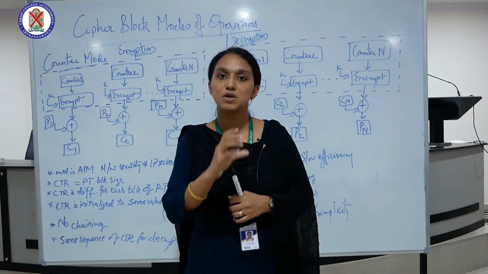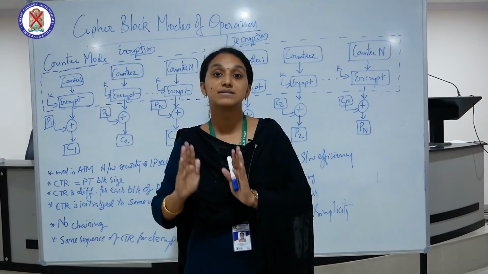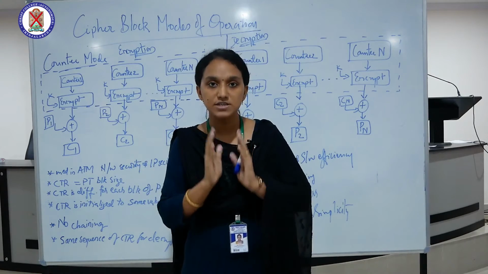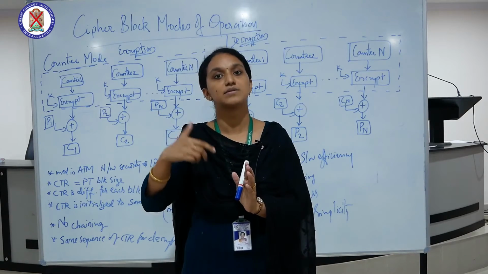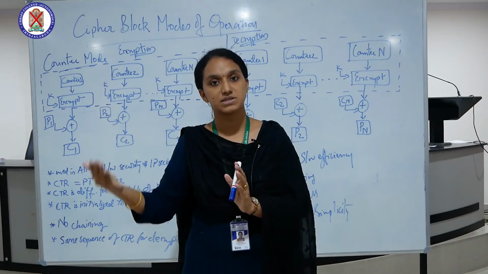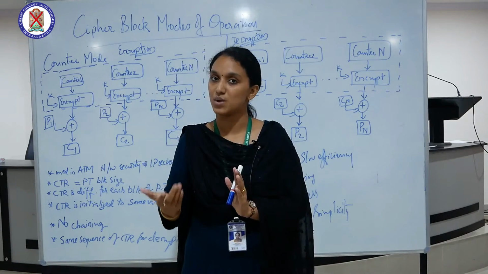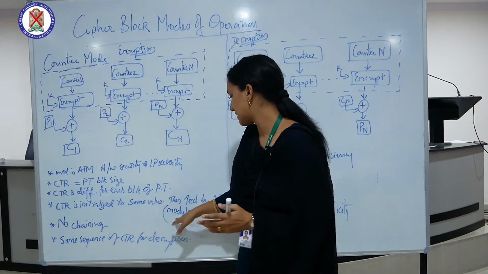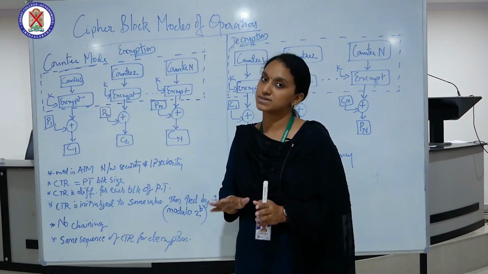Initially let it be 1, then for the second block it becomes 2, for the third it becomes 3. After the first block, the counter gets incremented by 1, calculated modulo 2 raised to b, where b is the block size.